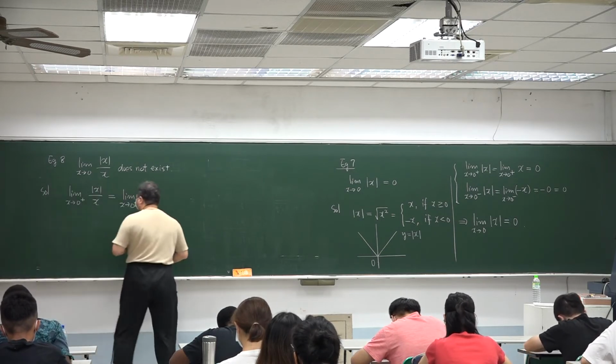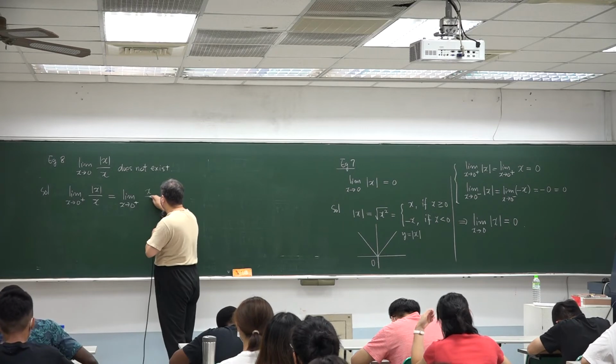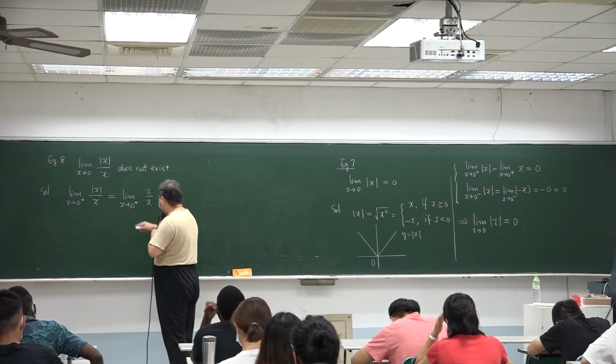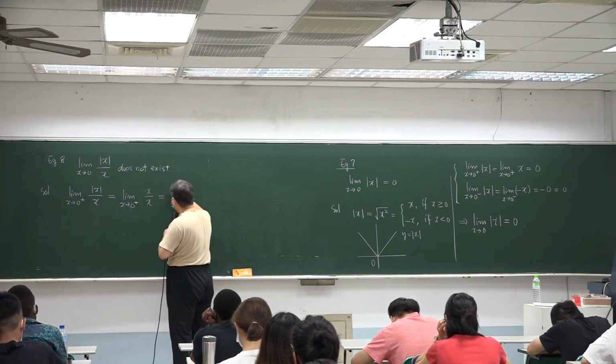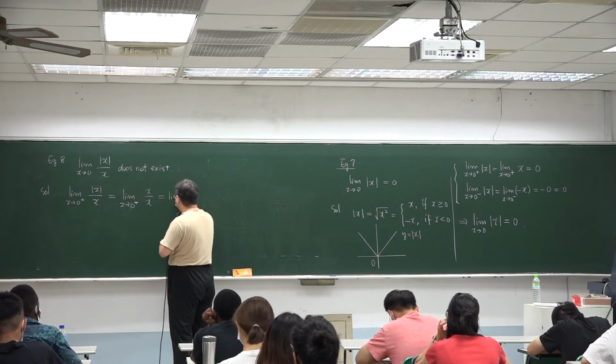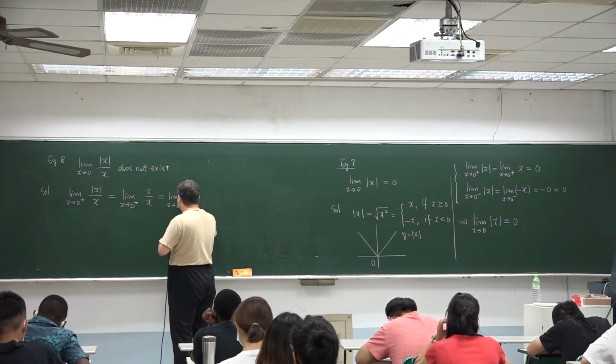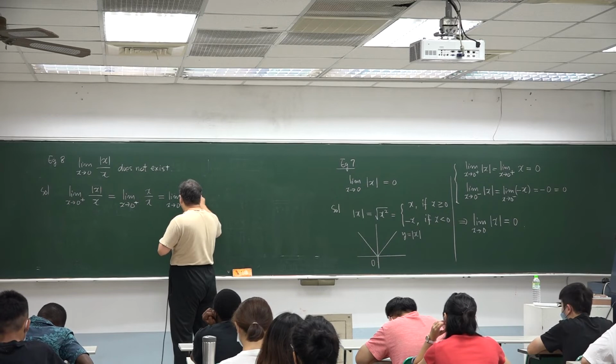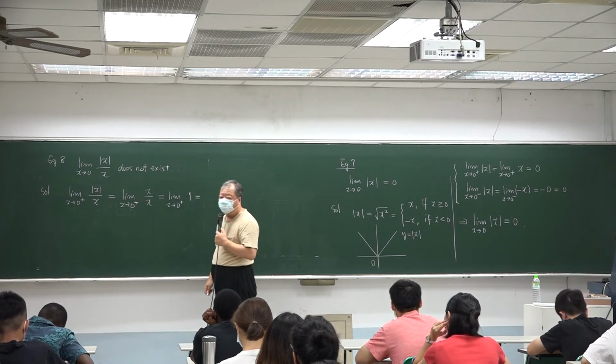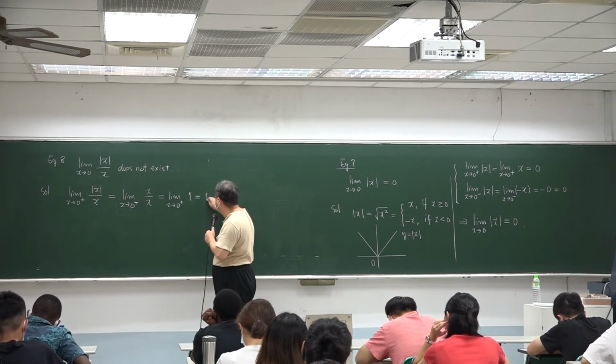So the absolute value of x is x. Because x is not 0, they are cancelled. And 1 is a constant function. The value is 1.